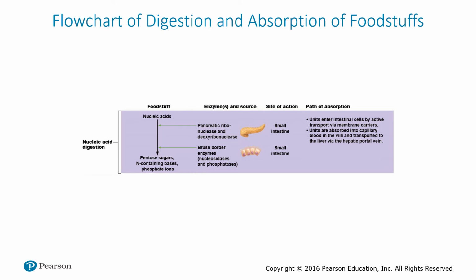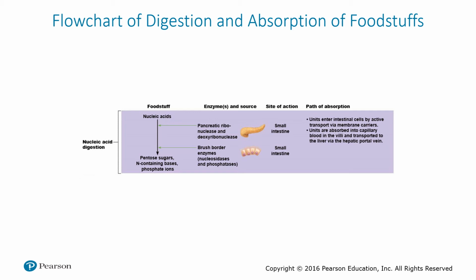So now let's look at how our body breaks down and digests nucleic acids. What our body has to do is break down the nuclei of ingested cells in our food, which contain DNA and RNA. So we use pancreatic nucleases to hydrolyze the nucleic acid into nucleotide monomers.